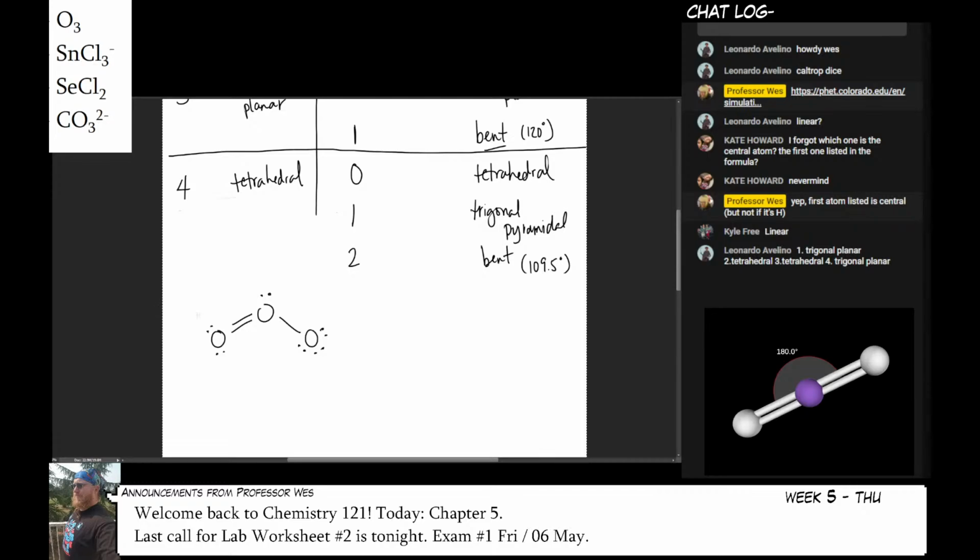We're going to look at the central atom. How many electron groups? 1, 2, 3. So I'd say 3 electron groups. So the VSEPR geometry is trigonal planar.